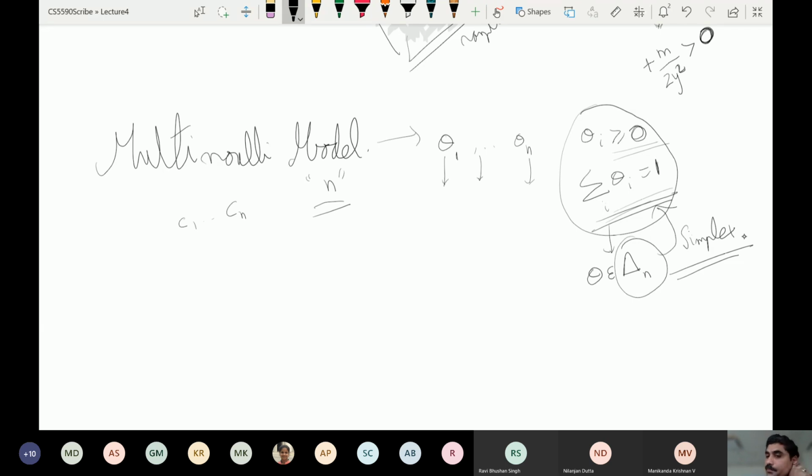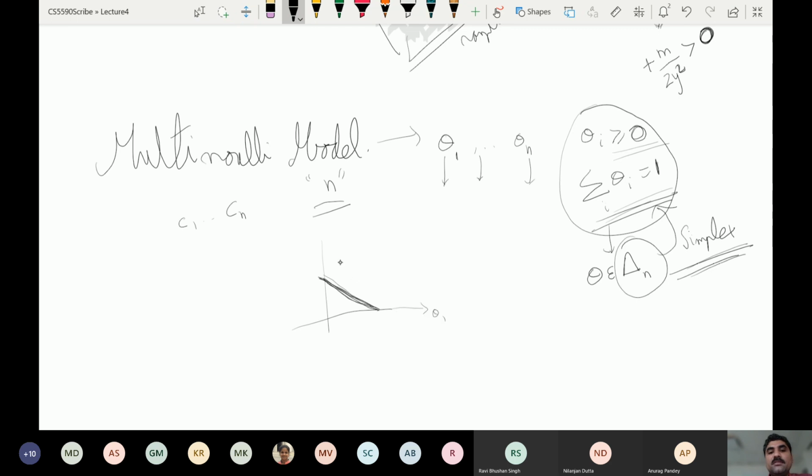Okay, so for example, in case of n equal to 2, what does the simplex reduce to? How does the simplex look if n is equal to 2? It looks like a line segment.